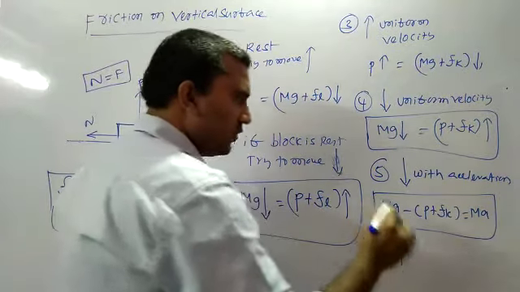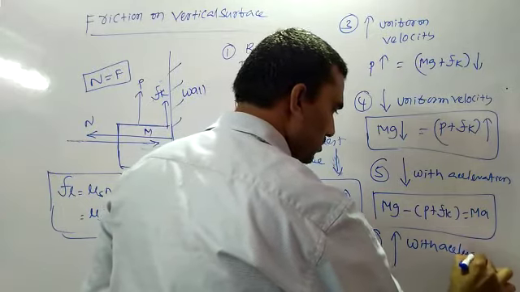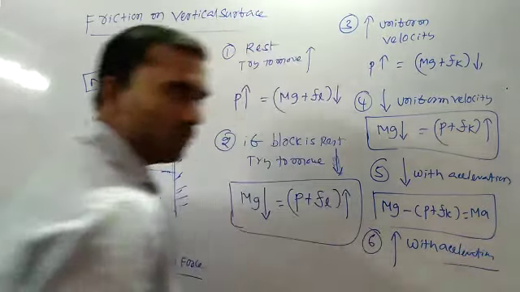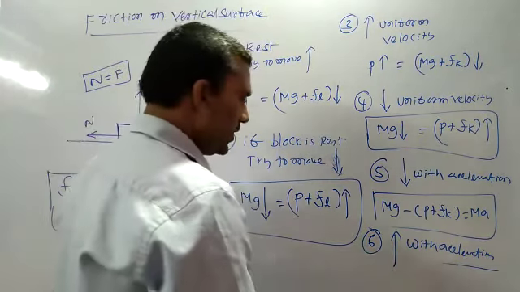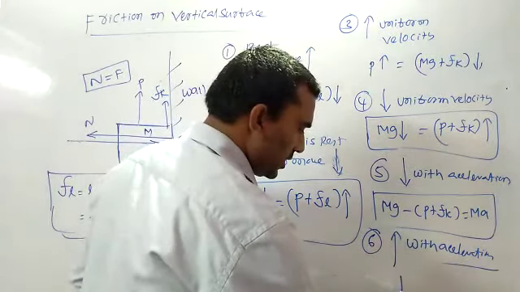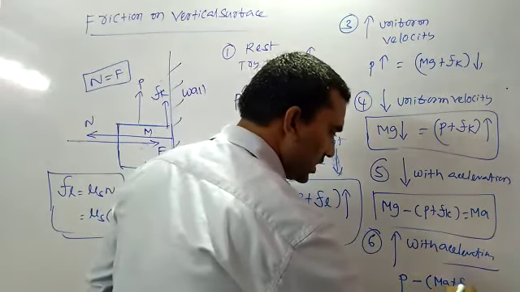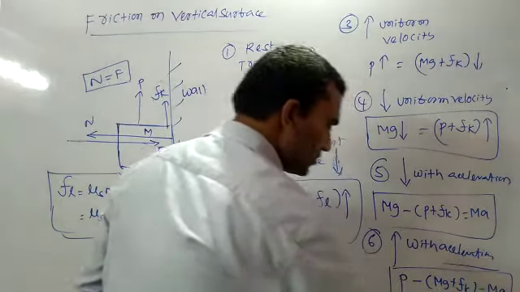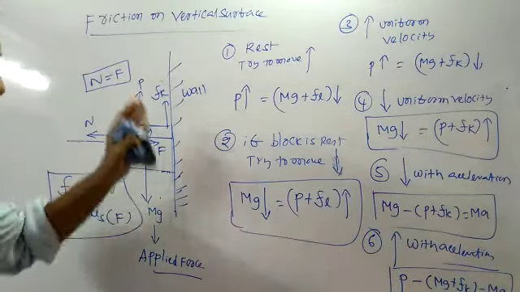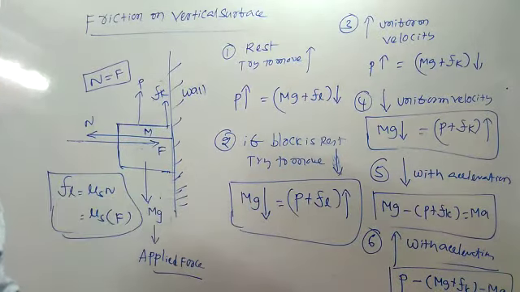If the block is moving up with acceleration, friction acts downwards. P acts upward, so P minus (mg plus fk) is equal to ma.